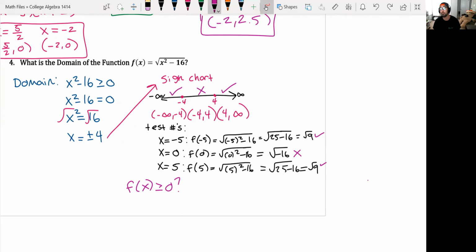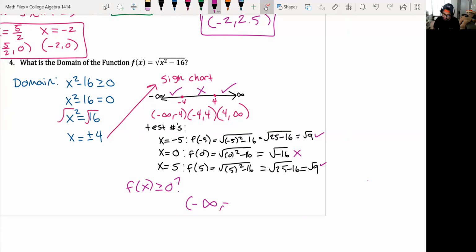which means that we start with negative infinity, and we stop at negative 4. Now, negative 4 is an x-intercept also, which means it is on the x-axis.